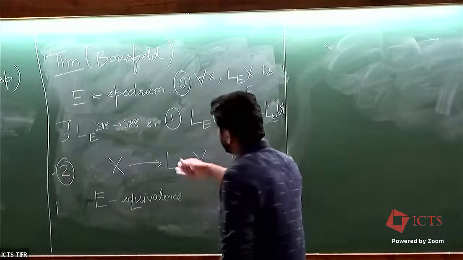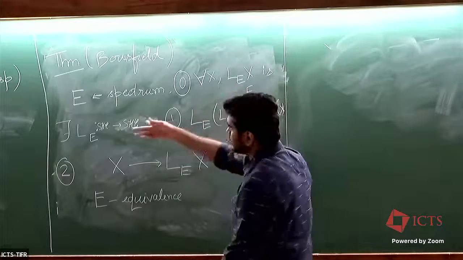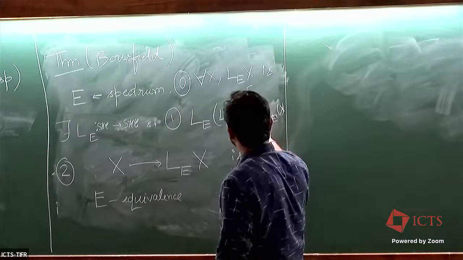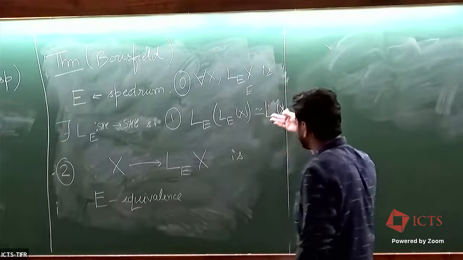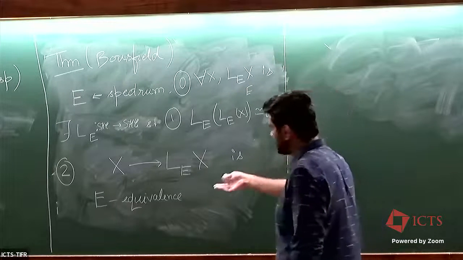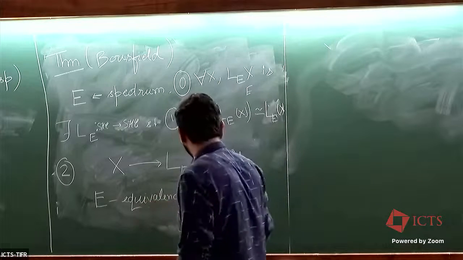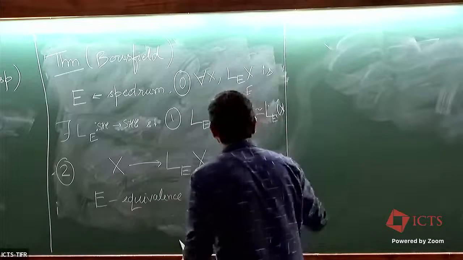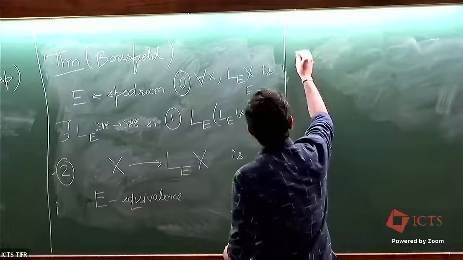So this functor's image lies in the local objects, and if we localize twice, we end up with one localization. And this is an E-equivalence.